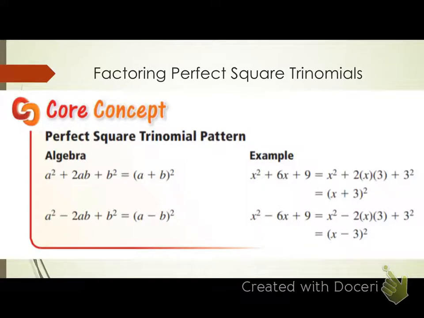Moving on to the next set of special products. We're looking at the perfect square trinomial pattern. So if I have a polynomial that takes this form, a squared plus 2ab plus b squared, then I can factor it into a plus b squared. So here's an example over here.